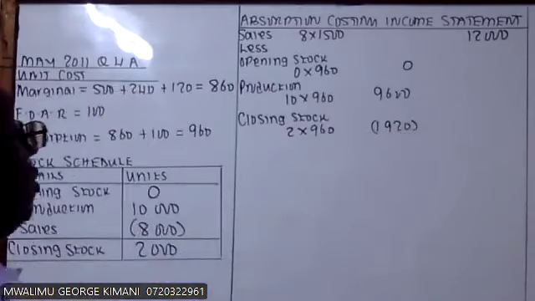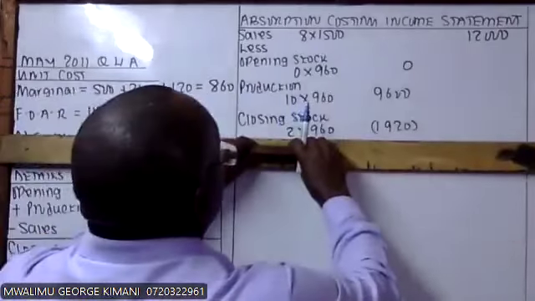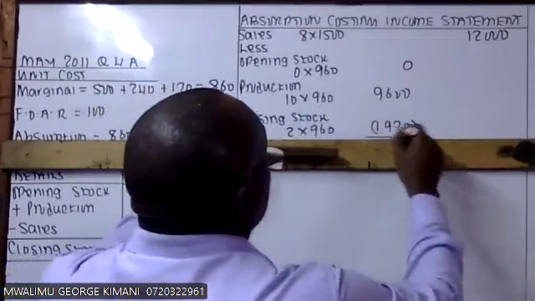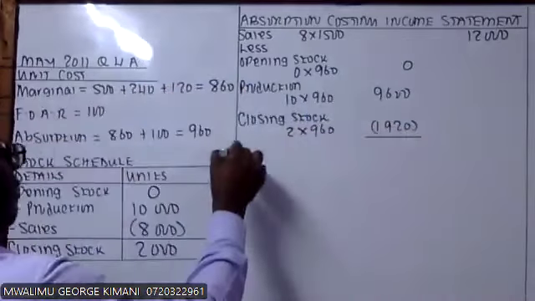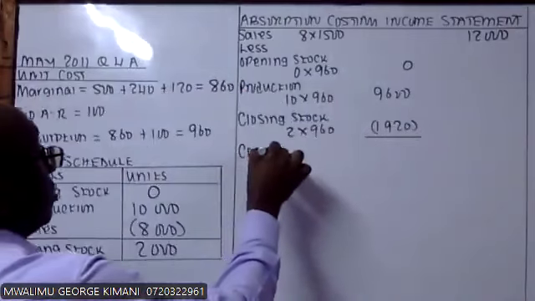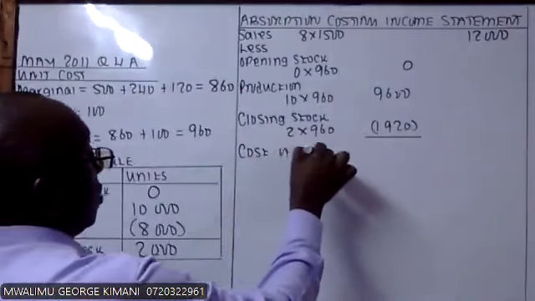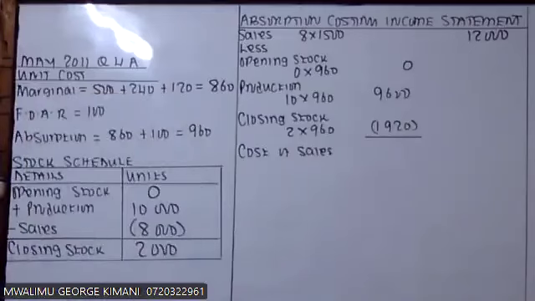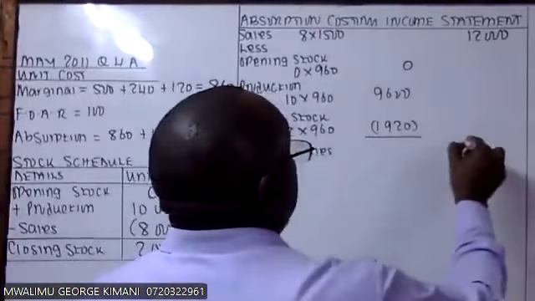Now subtract this so that you give me a figure we call cost of sales, which is 7,680.